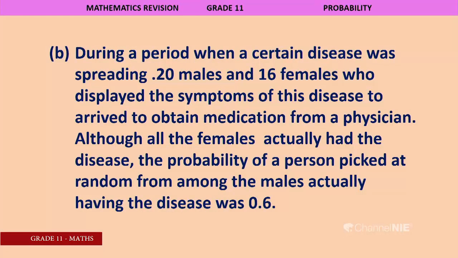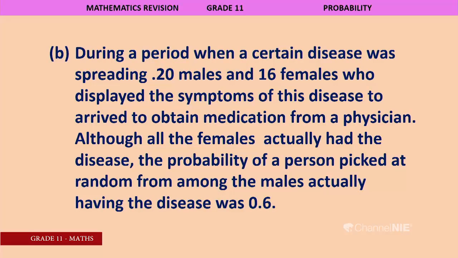Now, during a period when a certain disease was spreading, 20 males and 16 females who displayed the symptoms of this disease arrived to obtain medication from a physician. Although all the females actually had the disease, all the females means probability is 1.